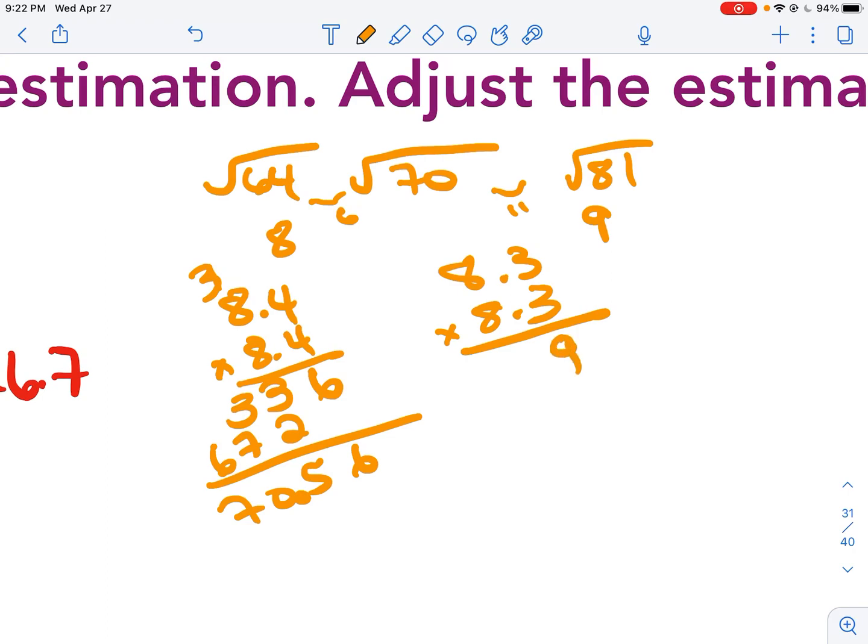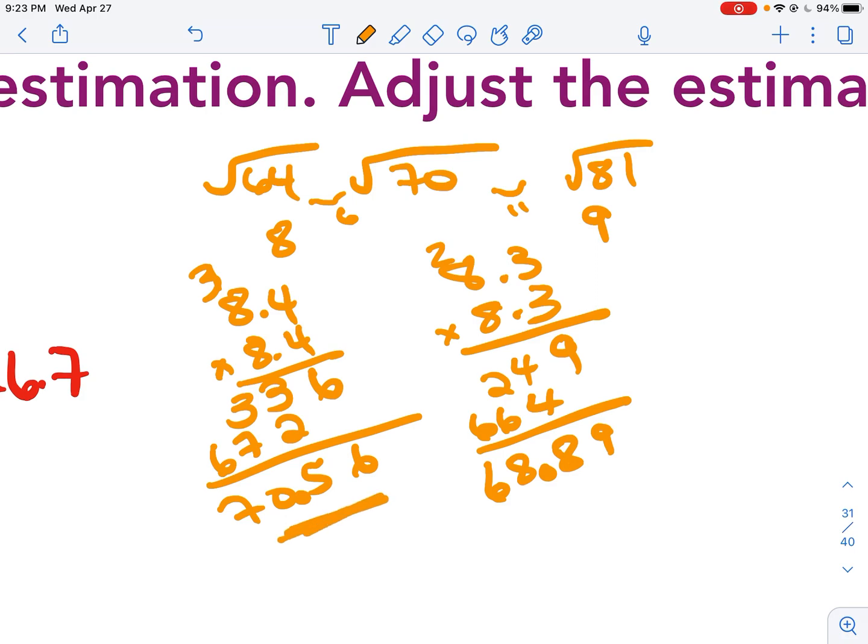When I multiply these together, I get 9, I get 24, I get 24, I get 64, 66, that's 9, that's 8, that's 8, that's 6. Okay, it's definitely closer to this, so the square root of 70 is approximately 8.4.